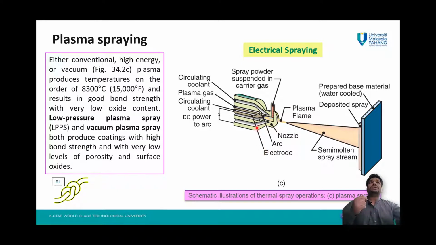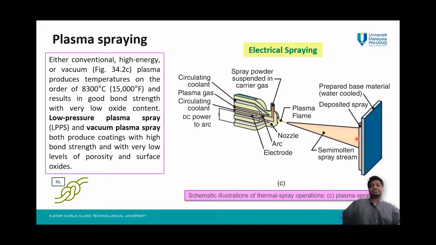Then you've got electric arc electrodes, and you've got a plasma gas. The electric arc is produced under argon or different types of plasma gases. Then an electric arc is generated, and the powder is melted and impinges towards the surface that I want to deposit.